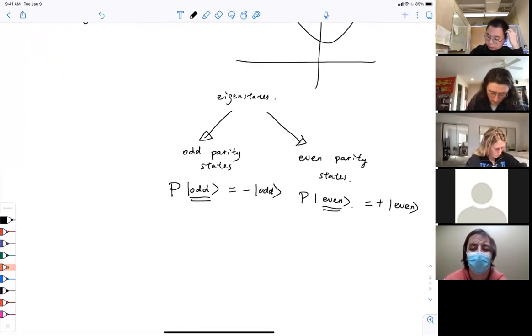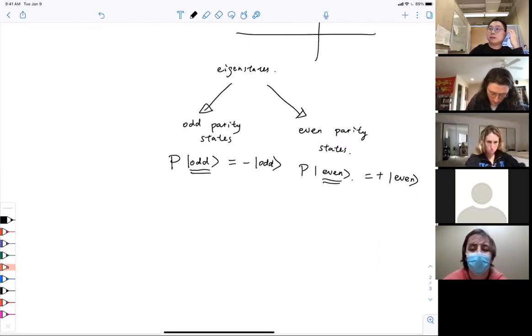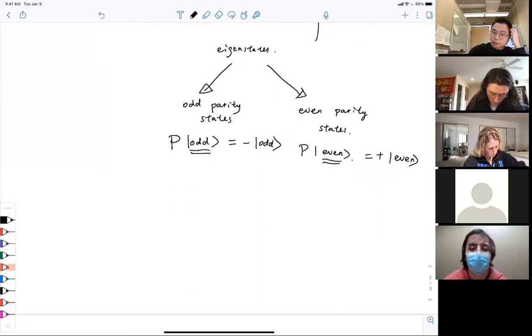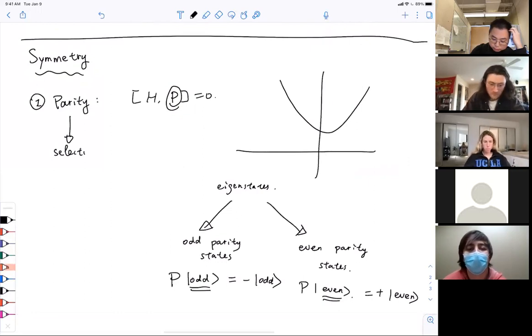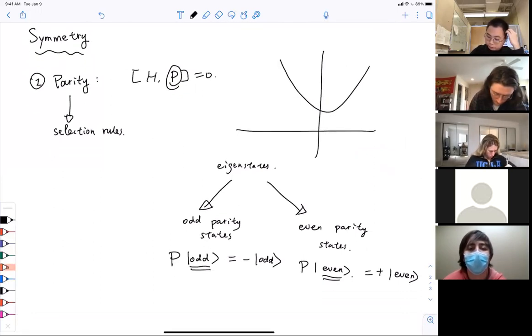What I want to point out is this kind of parity symmetric Hamiltonian usually gives us some selection rules, which can simplify our calculation in many cases.